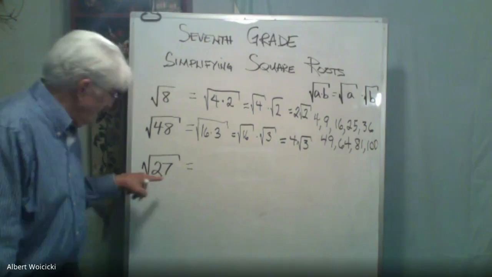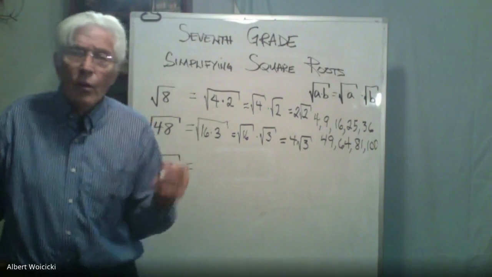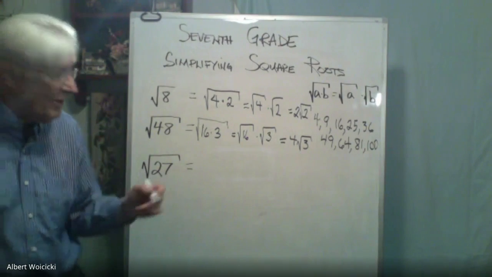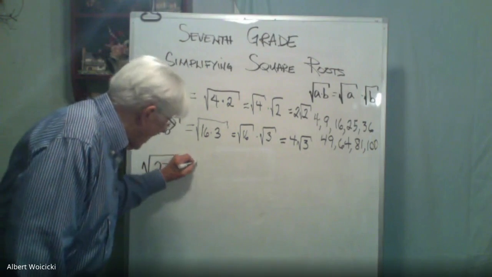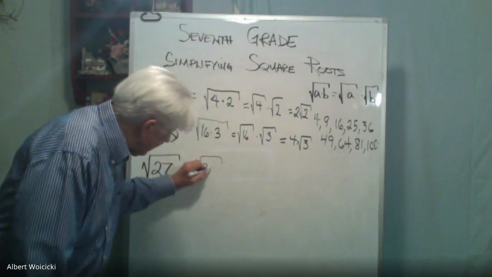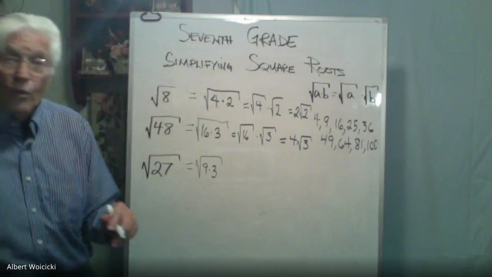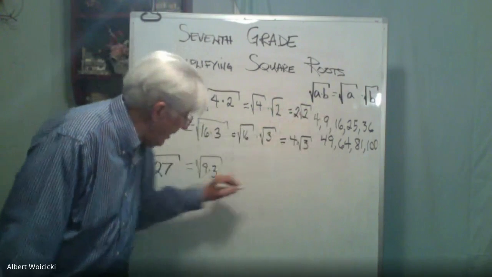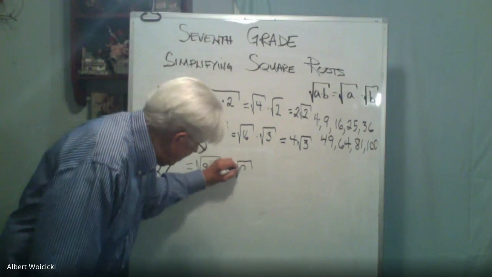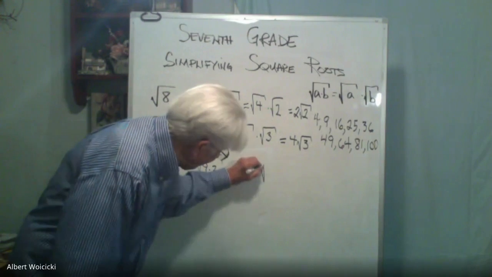So now 27. What number goes into 27 that's a perfect square? They immediately should be able to think of 9. So we have 9 times 3. And just like the law says, this becomes the square root of 9 times the square root of 3.